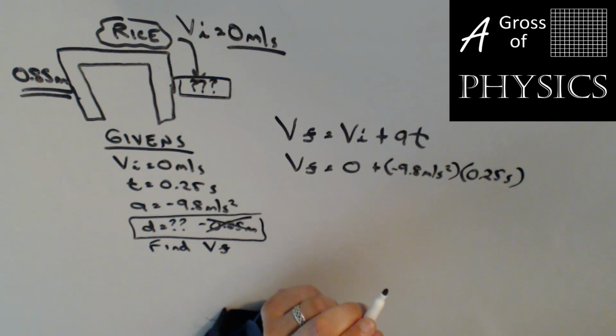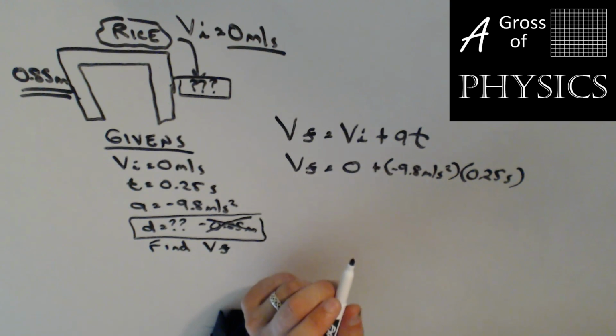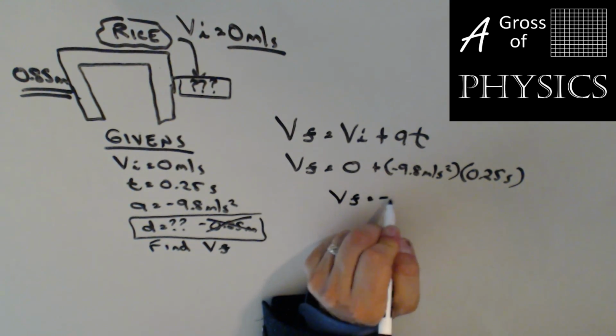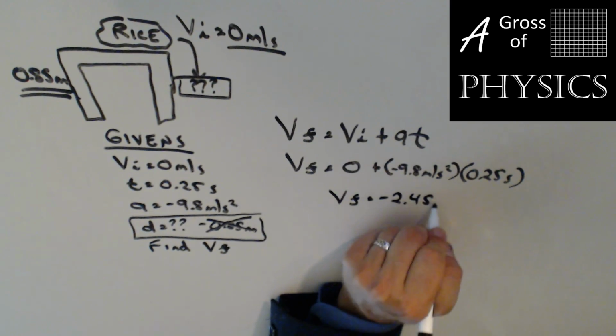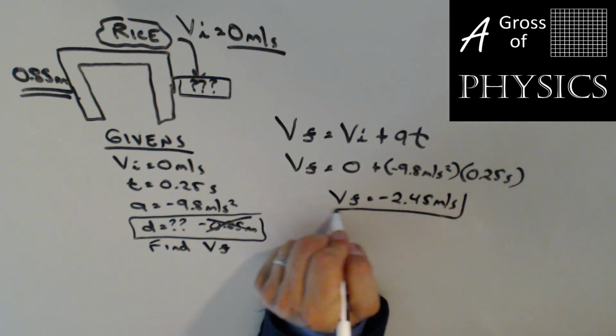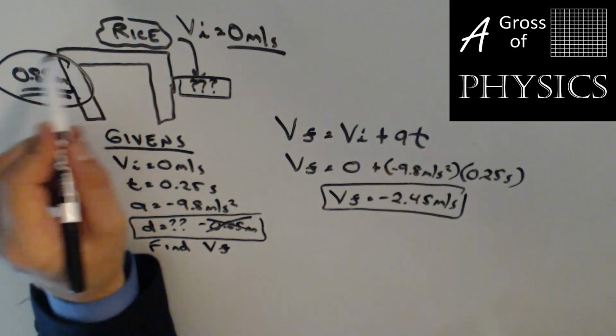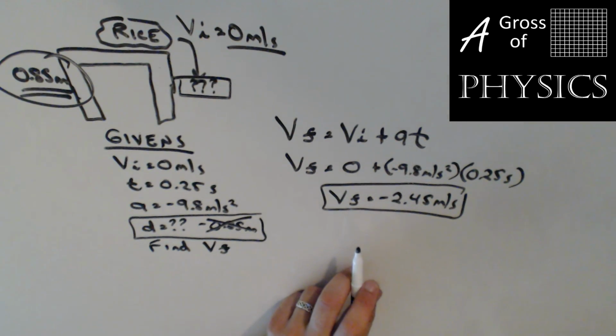So all you have to do is do 9.8 times 0.25, and you get VF to be negative 2.45 meters per second. So watch out for problems that have extra information. In this case, the height of the table was extraneous.